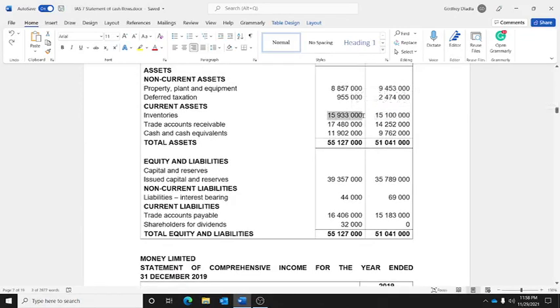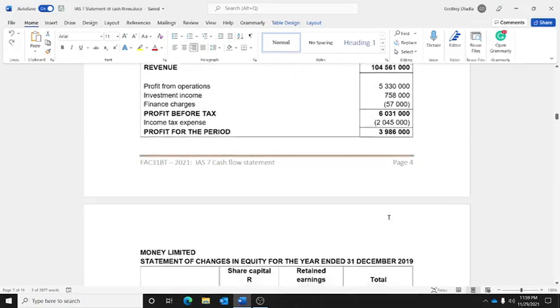Our closing is 1593, so the credit side is bigger than the debit side, so we need to balance the debit side. If we balance the debit side, it becomes an inflow, not an outflow. An outflow is on the credit side of this account. Right, so it becomes an inflow.